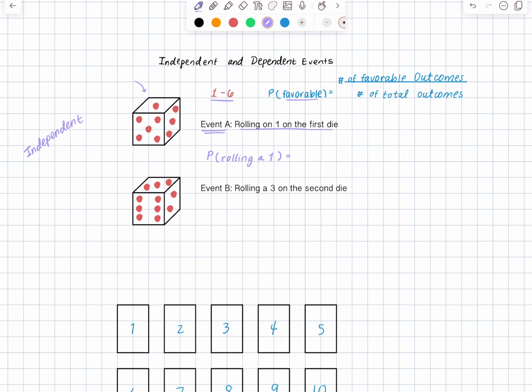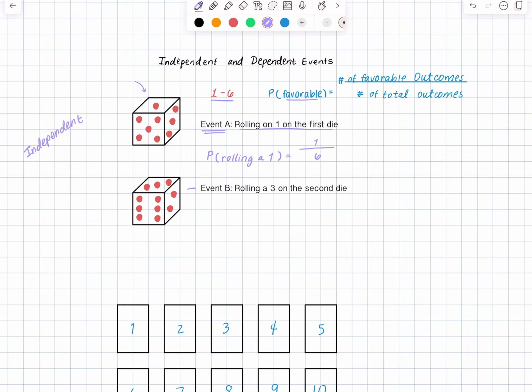So rolling a 1 equals, well, we have only one 1 on a fair die, so the frequency is 1. And how many total outcomes are there? Well, I can roll a 1, 2, 3, 4, 5, or 6. So there are 6 total outcomes. So the probability of rolling a 1 is 1 out of 6.